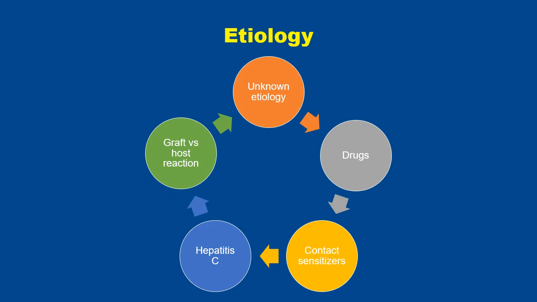In some patients, hepatitis C is also known to trigger the lesions of Lichen planus. Many patients who receive transplants develop a graft versus host reaction and tend to present with lesions similar to Lichen planus.